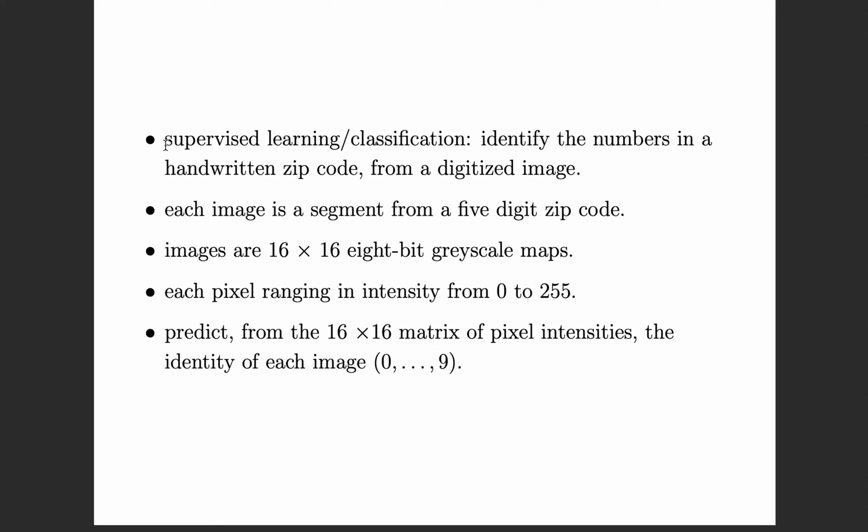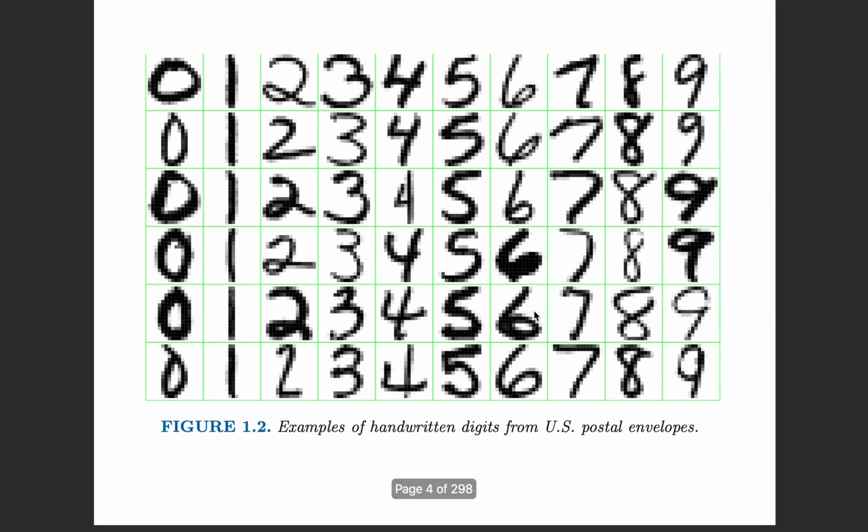And why is it supervised? In a sense, the algorithm needs to see some examples, and these examples need to be labeled. So somebody has looked through many handwritten digits from US postal envelopes and marked them.